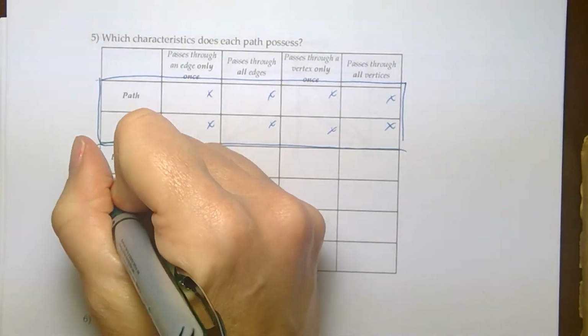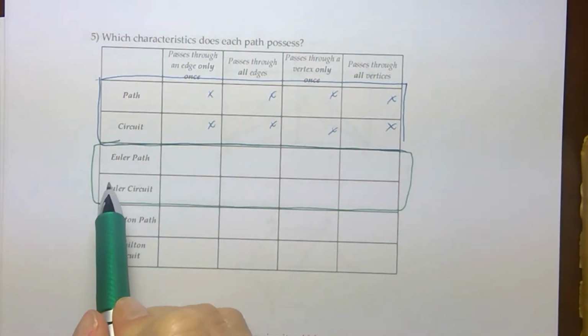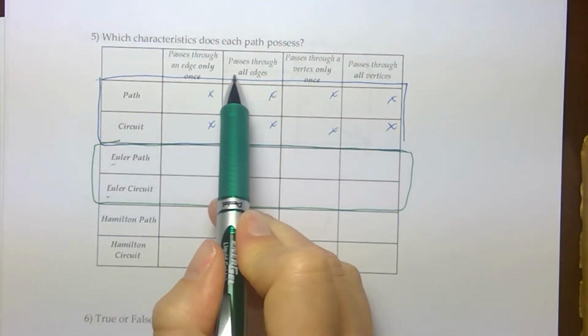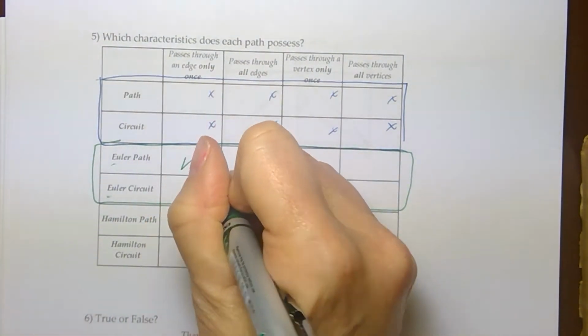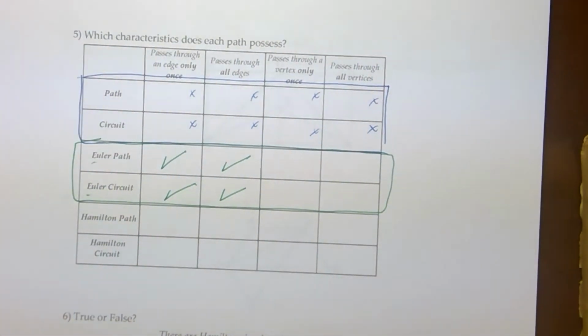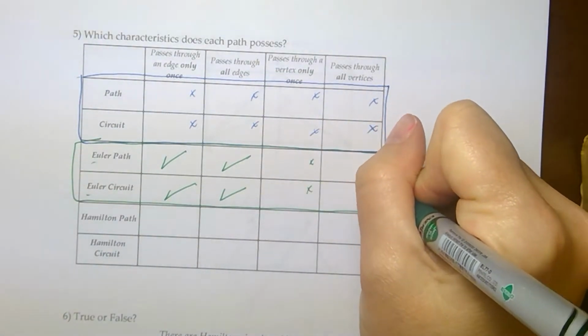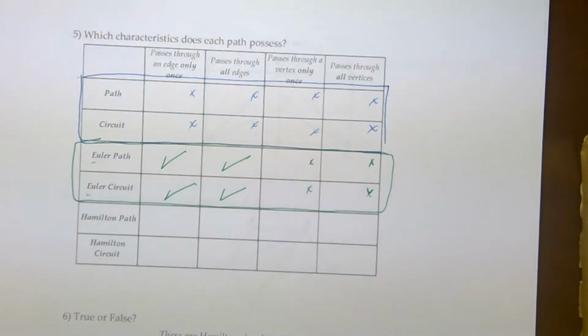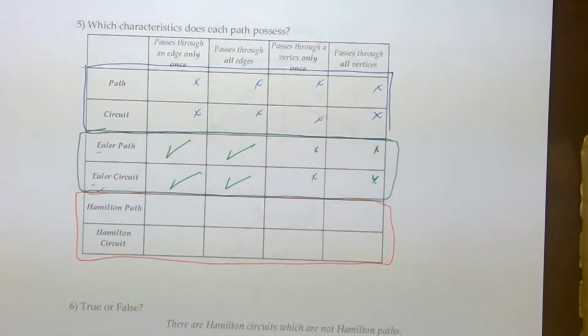Then we move on to Euler paths and Euler circuits. Remember, Euler starts with E, so it focuses on each edge exactly once. So that's true for these first two columns for Euler paths and circuits. We don't have any requirements about vertices when we're talking about Euler. When we get to Hamilton paths and circuits, though, that we introduced today, now we're focused on the vertices.